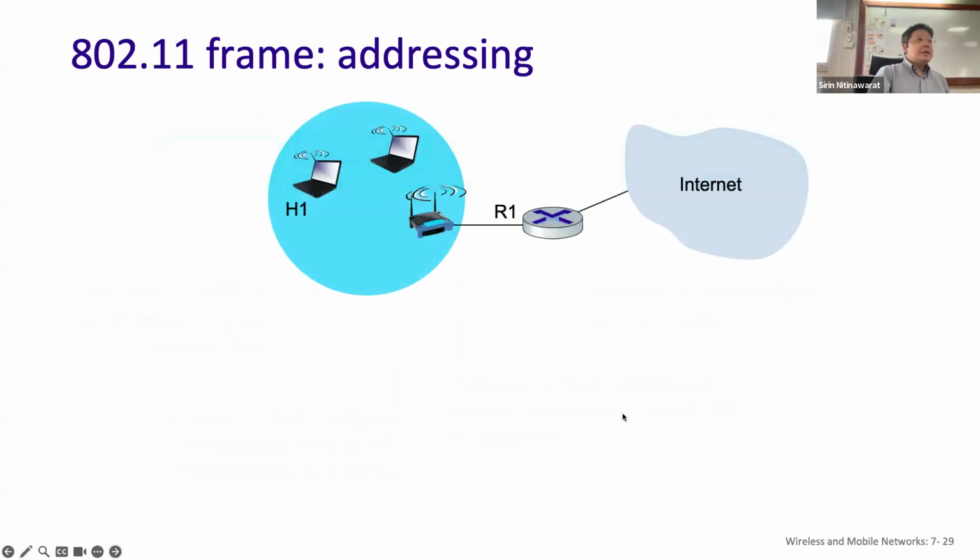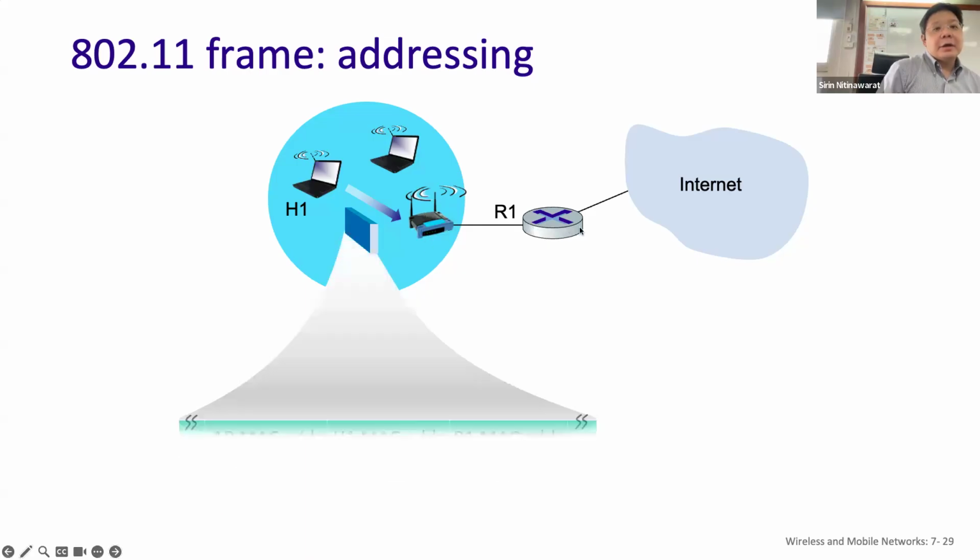And the reason is, as I already mentioned, each AP will be attached to a gateway router, okay? That will further forward any packets from this Wi-Fi subnetwork to the internet. So that's why this third address is used in this second hop from the AP to the gateway router.